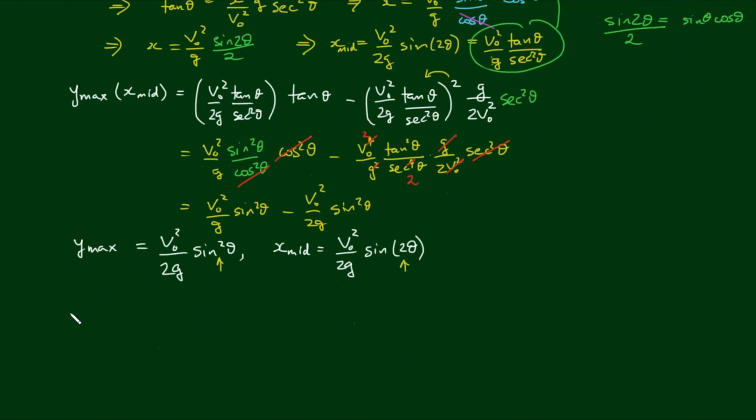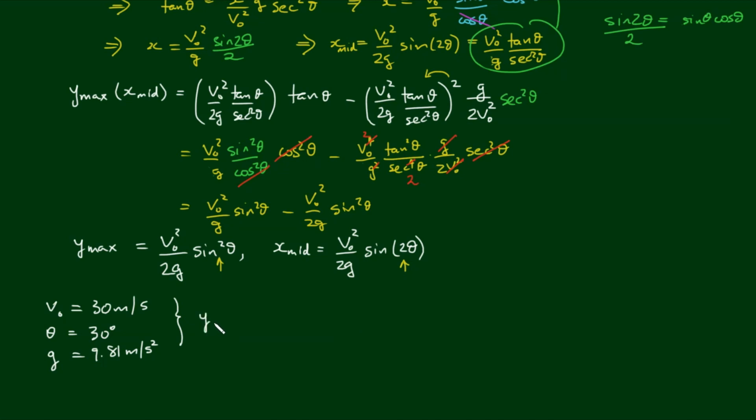So after all that derivation, our problem has the initial velocity as 30 meters per second. The launch angle is 30 degrees, with gravity g being 9.81 meters per second squared.